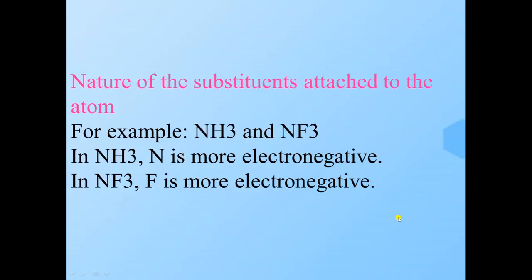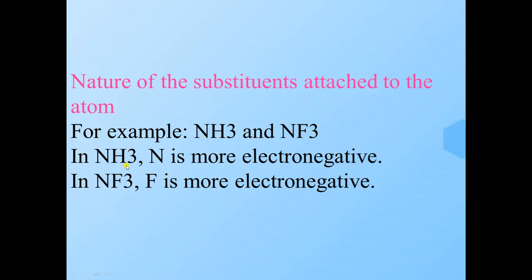Next factor is nature of the substituents attached to the atom. This is very important. Here we will take example of ammonia and NF3, NH3, NF3. Here nitrogen is attached to 3 hydrogen atoms and here nitrogen is attached to 3 fluorine atoms. But electronegativity of nitrogen is different in this molecule and in this molecule.